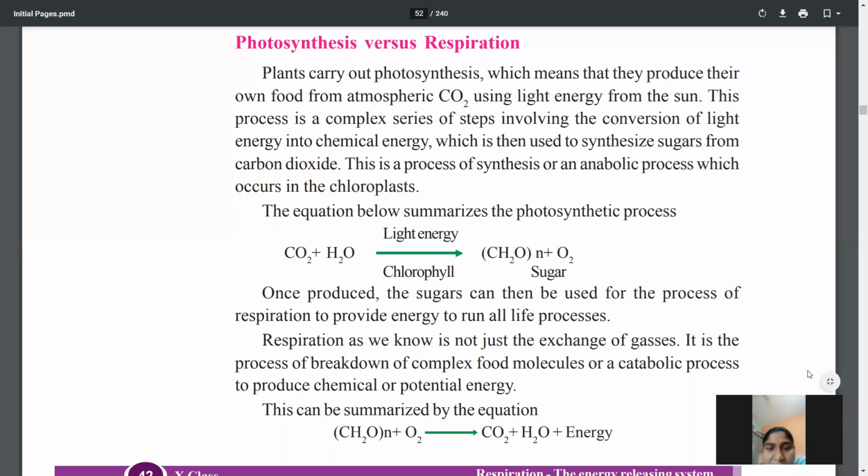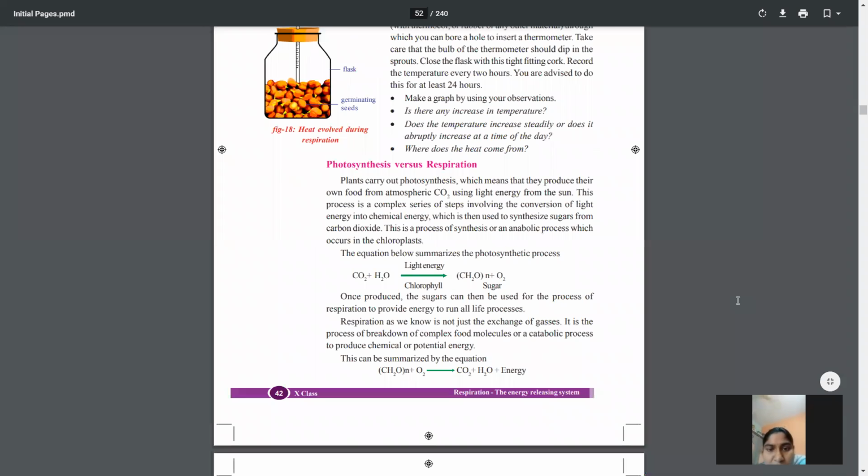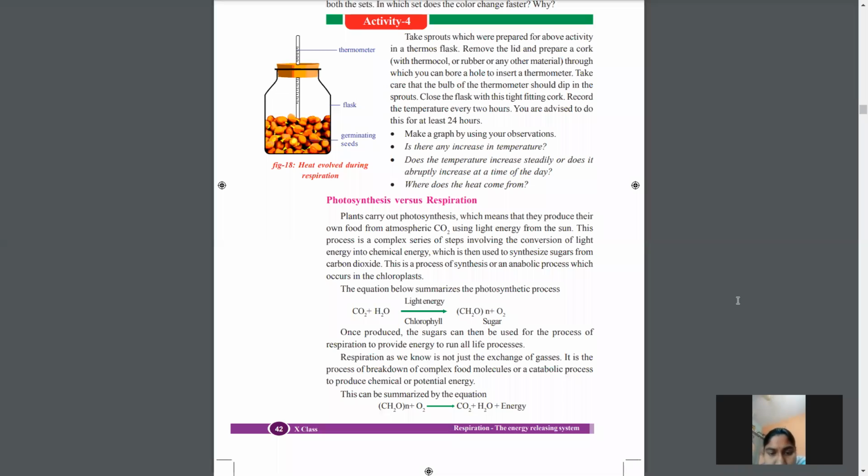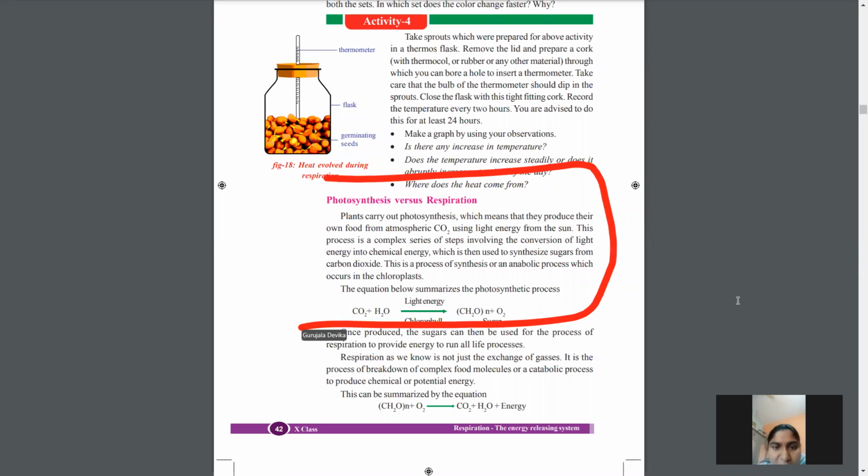You can see in the picture here. So this is the equation. We have seen that the plant's 6 CO2 plus 6 H2O gives rise to C6H12O6 plus 6 O2 plus 12 H2O.